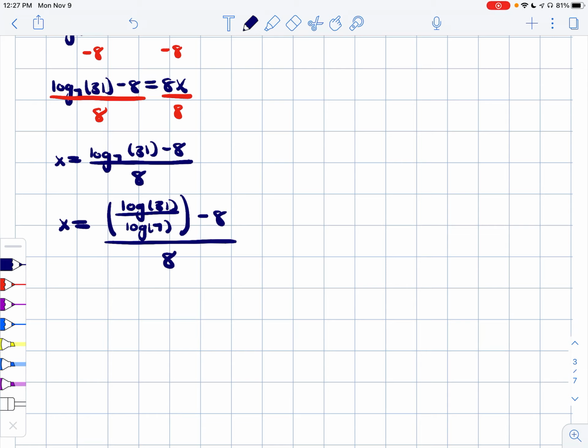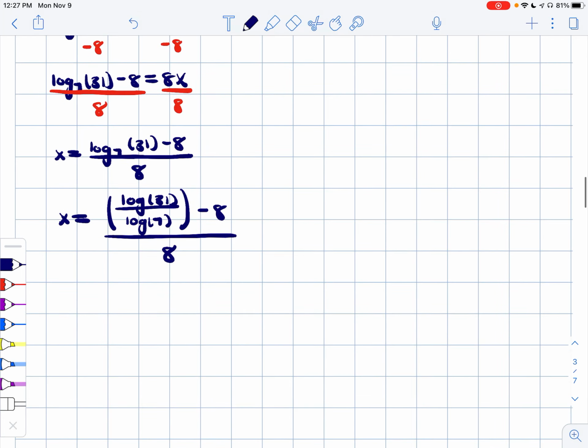You'll probably want to plug that into your calculator in a few different steps so that you're not playing too much of the parentheses game. Once you get that plugged in, you will eventually get -0.779. Again, this is our exact answer, and this is our approximate answer.